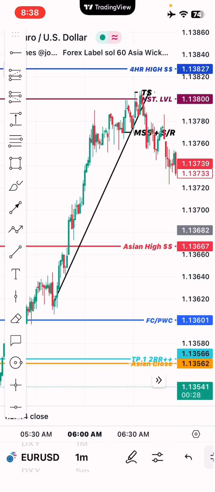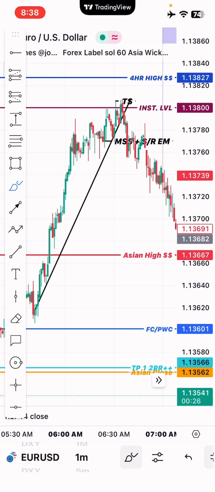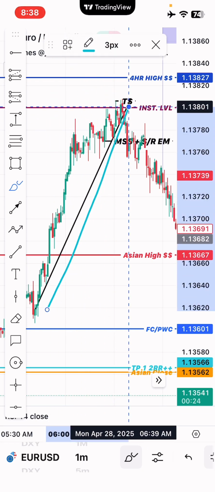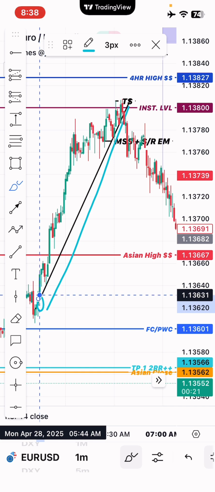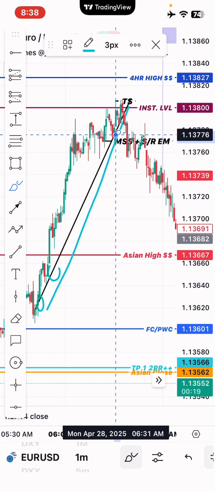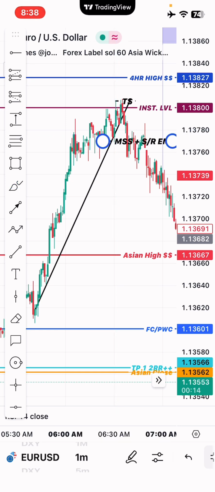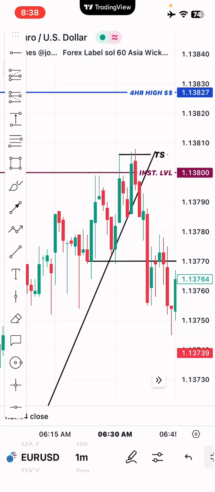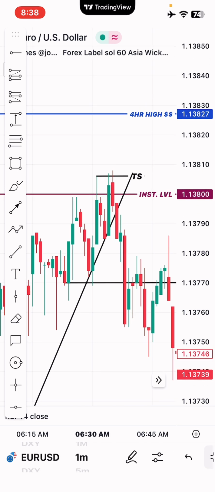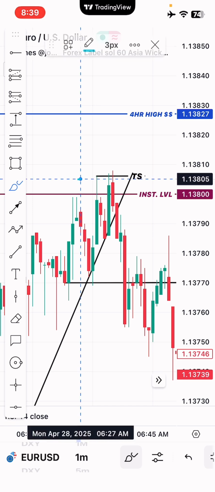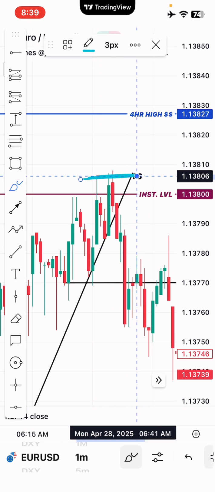So actually, before London open, you can see that price created a trend line liquidity to the upside, whereby price tapped the trend line 1, 2, and 3. Let me zoom in to the chart. After price had tapped the trend line twice, you can see that it swept this liquidity on the 1-minute chart.